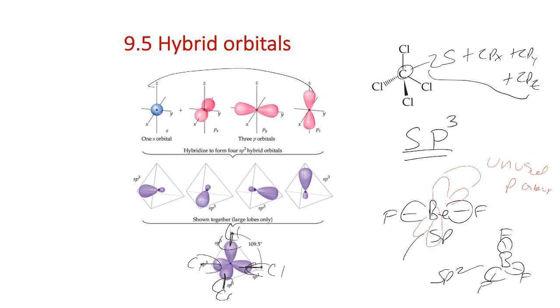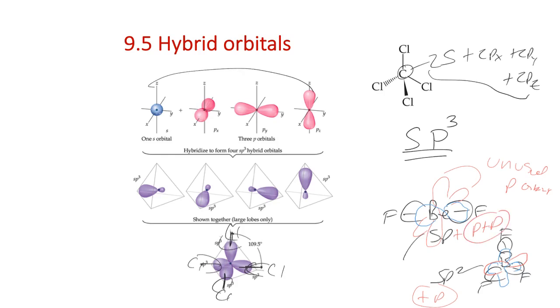You used one of the p orbitals to make the hybrid orbital, and the other two are unused. In BeF2, we're using these two to hybridize, and then in BF3 we have the unused orbital sticking straight out of boron. So we have one leftover unhybridized p, and in BeF2 we have two unhybridized p's left over.